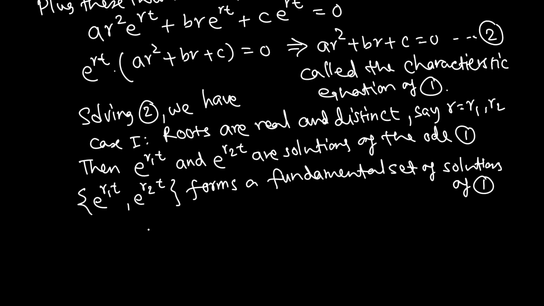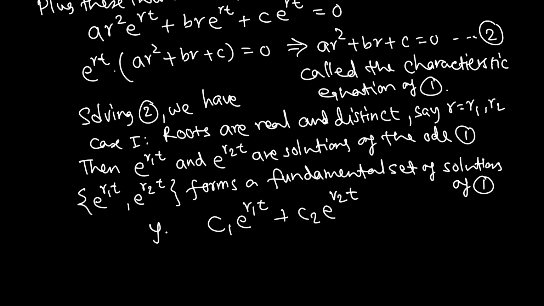From the principle of superposition, a linear combination of these two, some constant C1 times the first solution plus C2 times the second solution, is also a solution, and this is called the general solution.